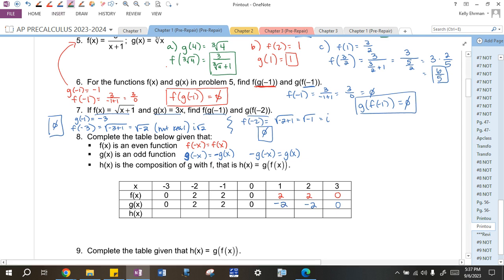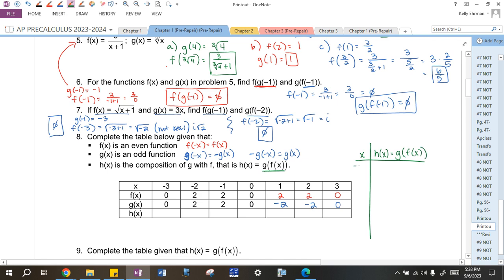Okay, and then for h, that's the composition where h is g of f of x. So to figure out h, it would be best to do probably a little table here. So h of x is equal to g of f of x.